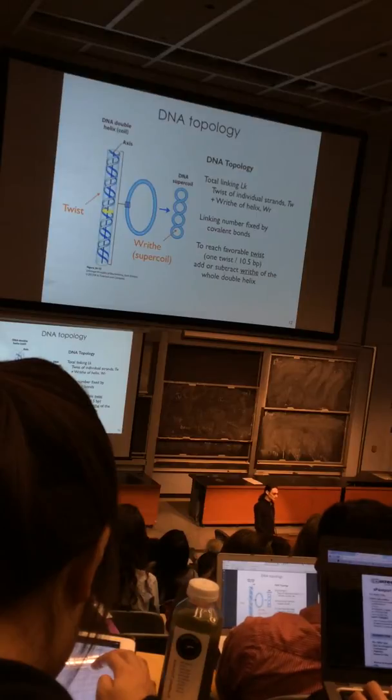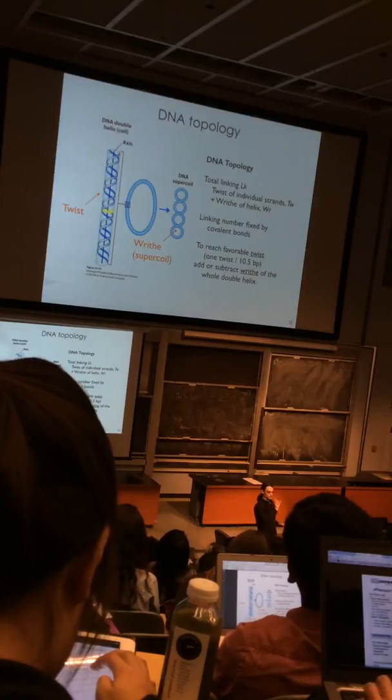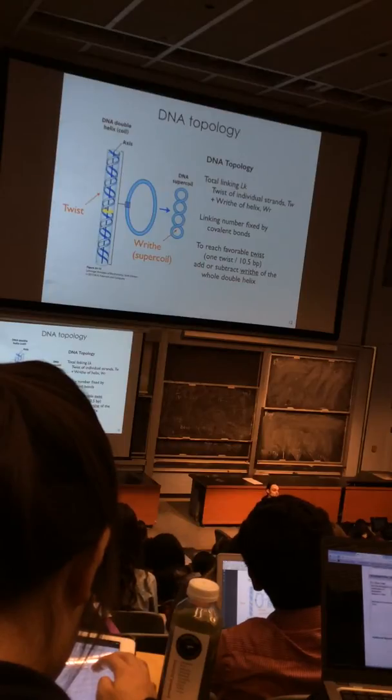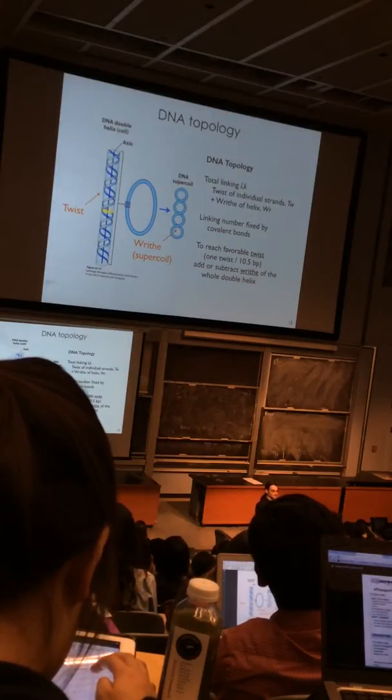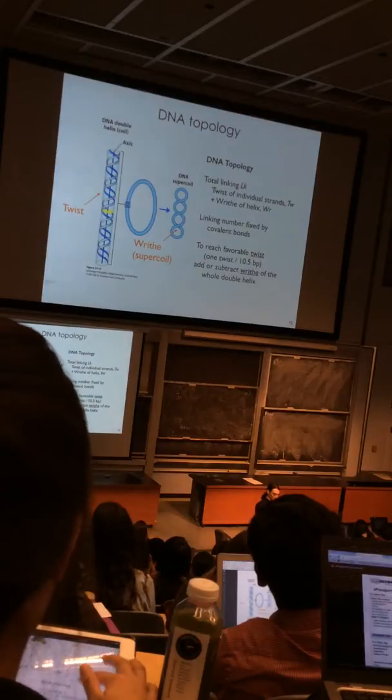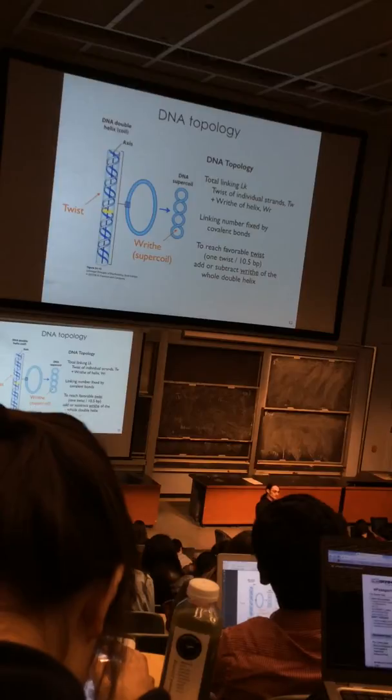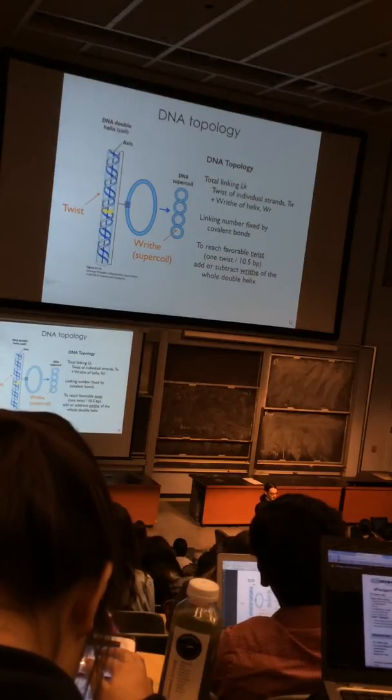I told you how the two strands wrapping around each other in a double helix is one kind of linking. In fact, we call that linking the twist of the individual strands around each other. But another way that a DNA molecule can spiral and link with itself is what's called writhe. This is the writhe of the entire double helix around itself. So that's what's shown here.